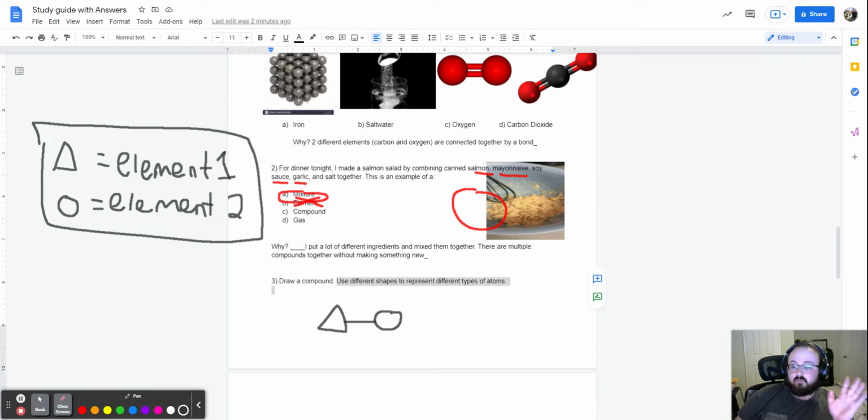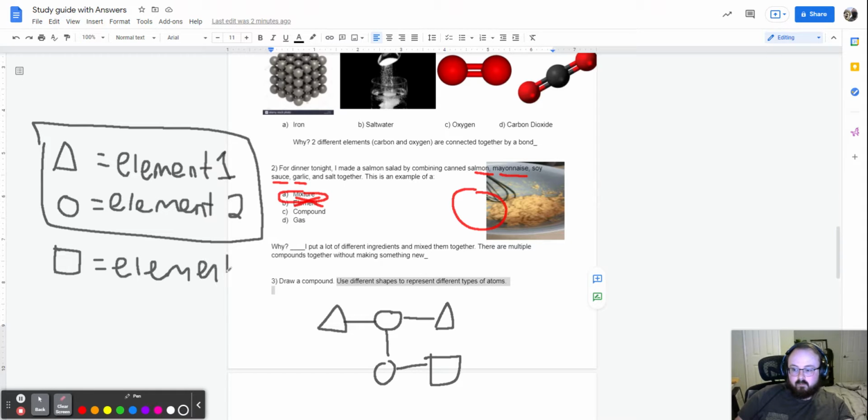That's all you would need right there. You could have fun with it. You could do something like this. You could add on to it. You could make a whole new shape, but make sure that you say it is a different element. All right, nice and simple.